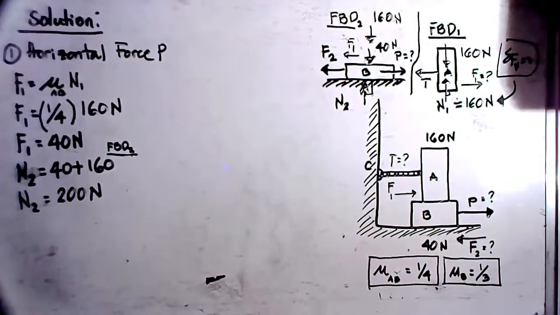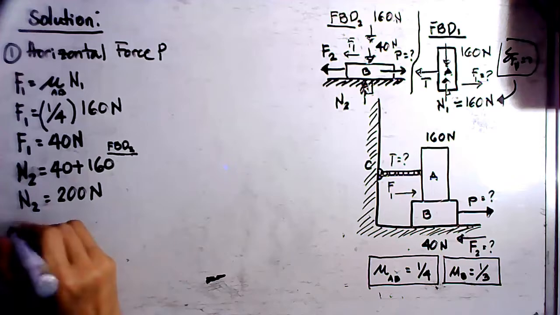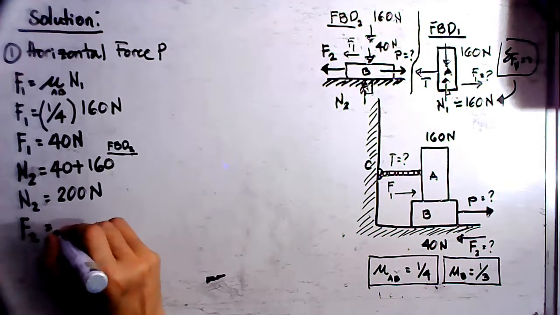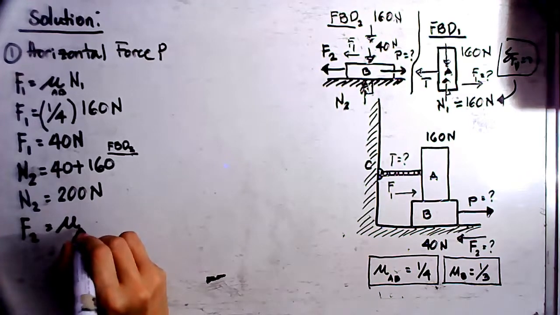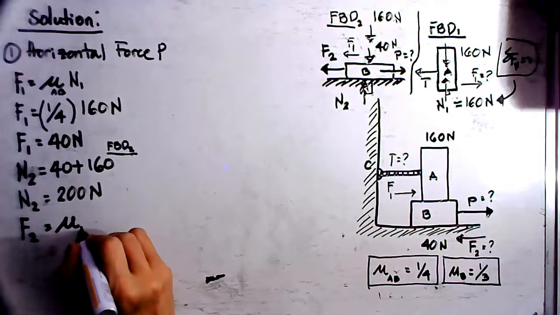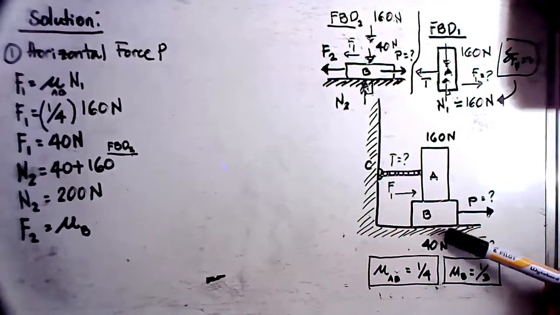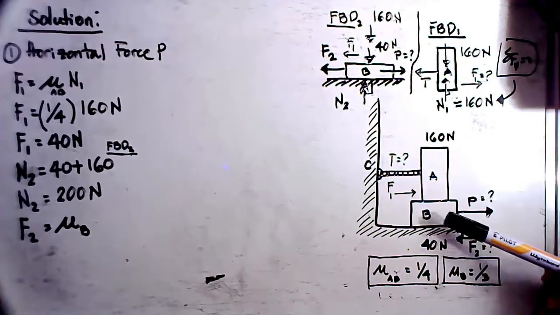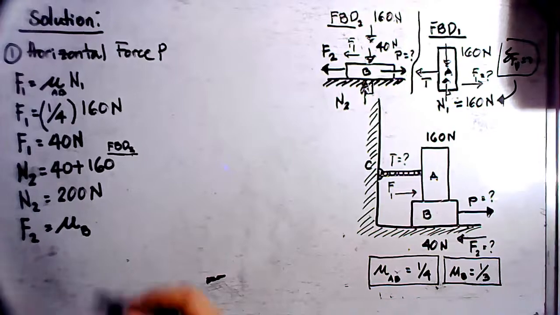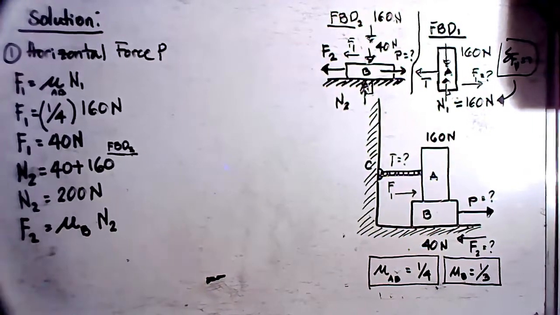Because you have the 200 Newton as N sub 2, we can now proceed to the determination of F sub 2. F sub 2 is equal to mu. This time, we are talking about block B. So the coefficient of friction which we are going to use is the coefficient of friction between block B and the plane surface, multiplied by N sub 2.